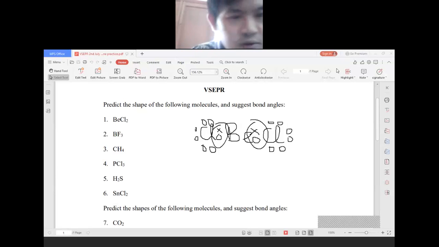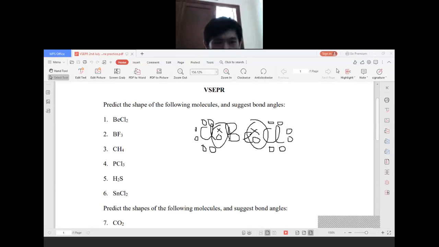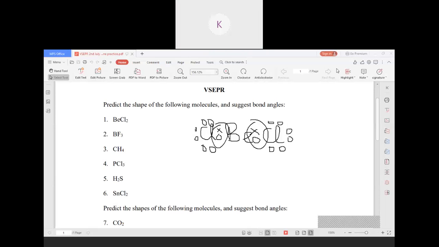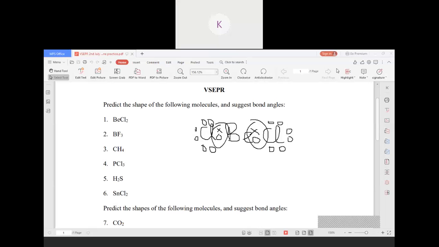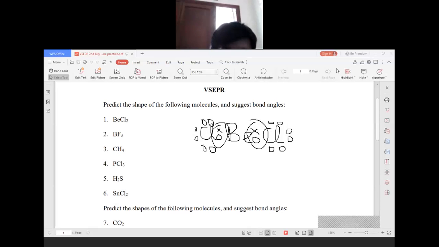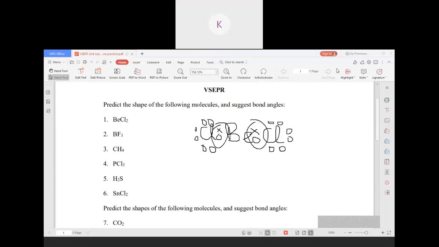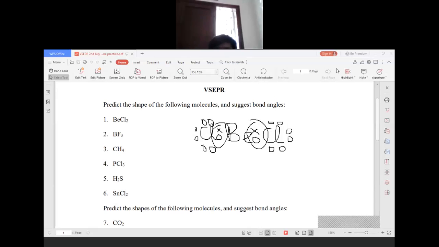If there are 3 bond pairs and 1 lone pair, what is the angle? 107, correct. And then what is the shape of the molecule? Trigonal pyramidal. Yes, correct. Very good, Kayla.